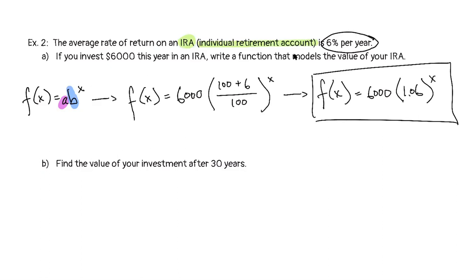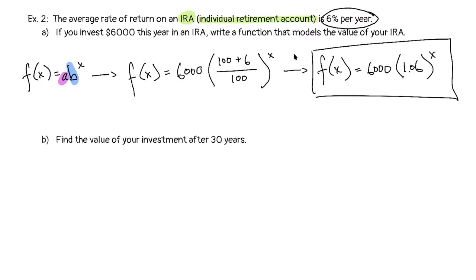You forget about this account for your entire career, for 30 years. You don't put more money into it. You don't take anything out. Let's see how much your account is worth after 30 years, okay? So I'm not asking you to put in 6,000 every single year. I'm asking you, do it once and let's see what happens in 30 years.